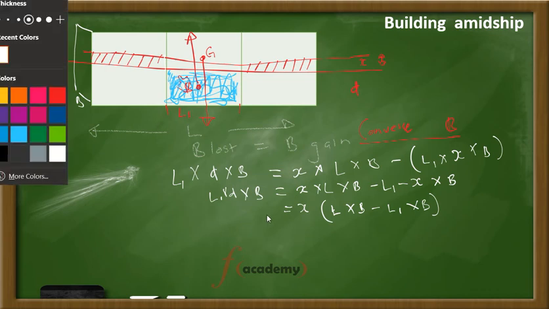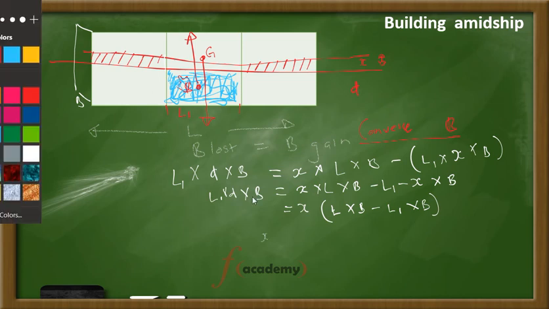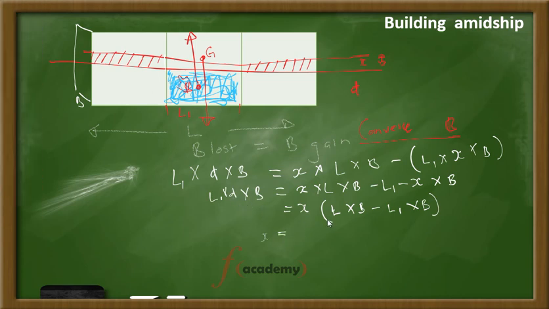X is now going to equal this one divided by this, which is L1 times initial draft times the breadth of the ship, all over the big L for the ship times B, minus L1 times B. From this, there's something we can notice.